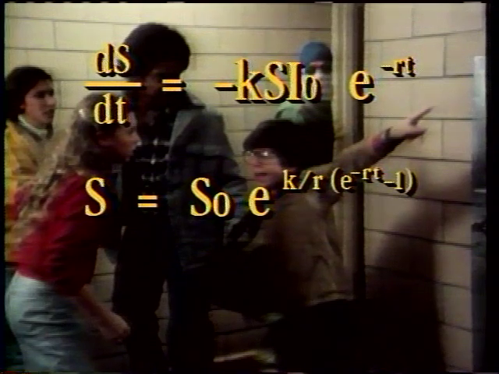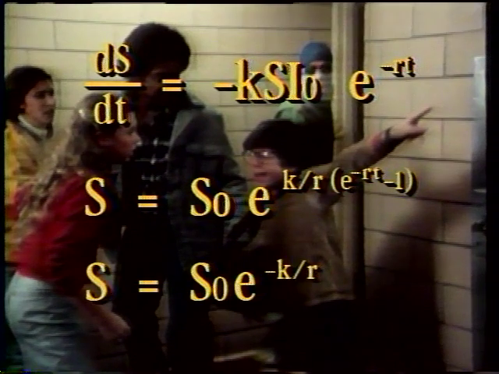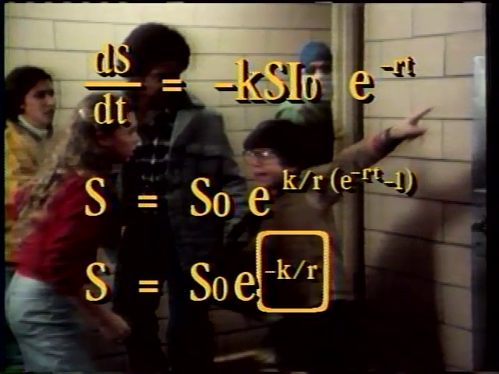Notice that as t goes to infinity, e to the minus rt approaches 0. So our solution S approaches S(0) times e to the minus k over r. Finally, we now see that how the disease runs its course is dependent on the ratio of k over r.